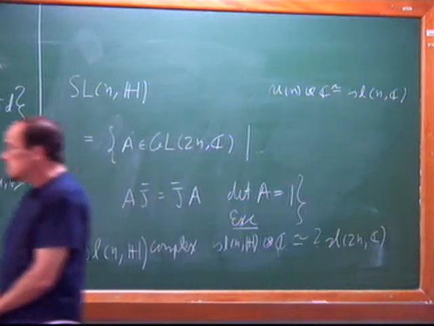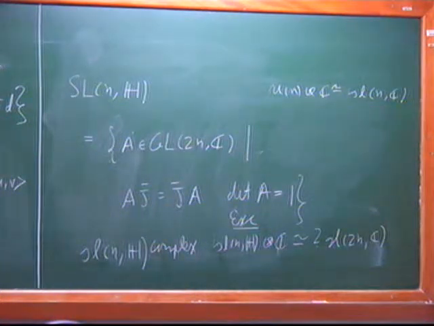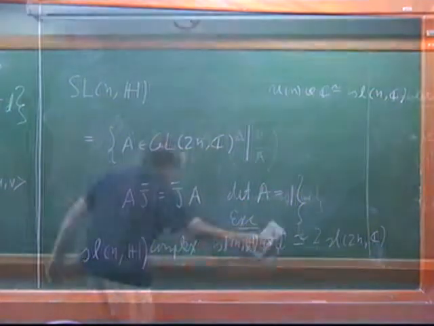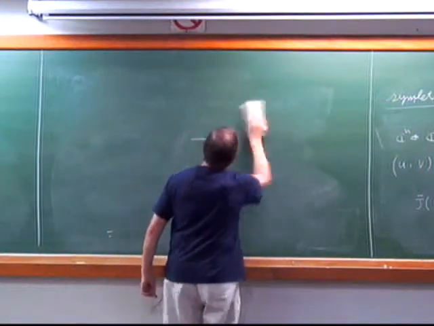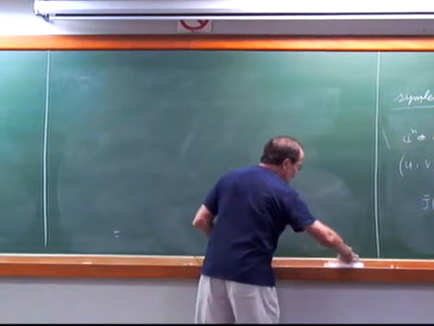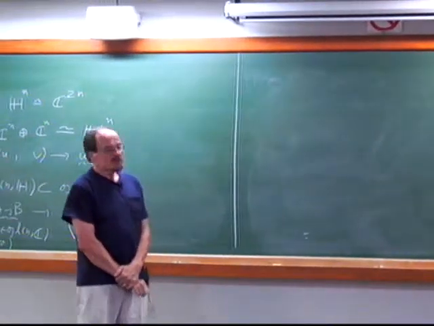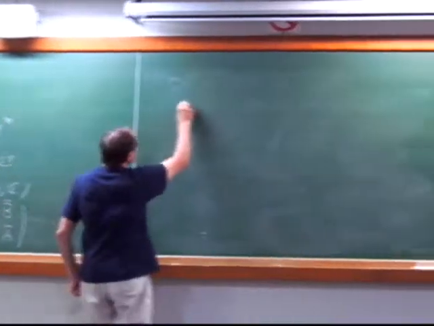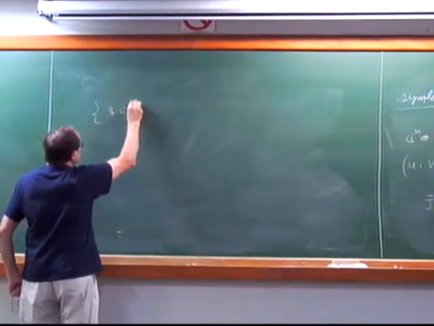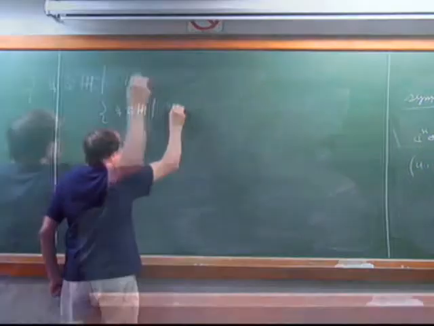I should say something about the quaternions. There's lots of nice things you can do with quaternions. For example, you can say, let's look at the quaternions of length 1.